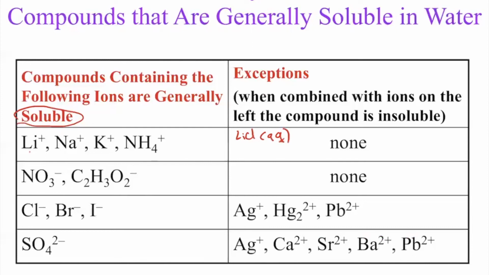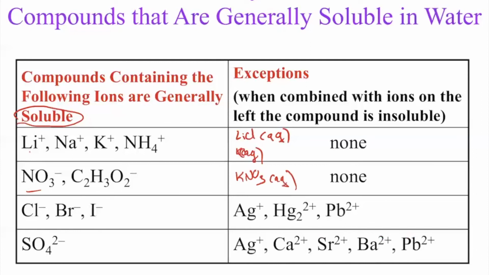Potassium chloride will be aqueous because potassium is there, but it doesn't have any exceptions. Now, nitrate, same thing. If I do potassium nitrate, nitrate is in here and it doesn't have any exception, so it will be aqueous.